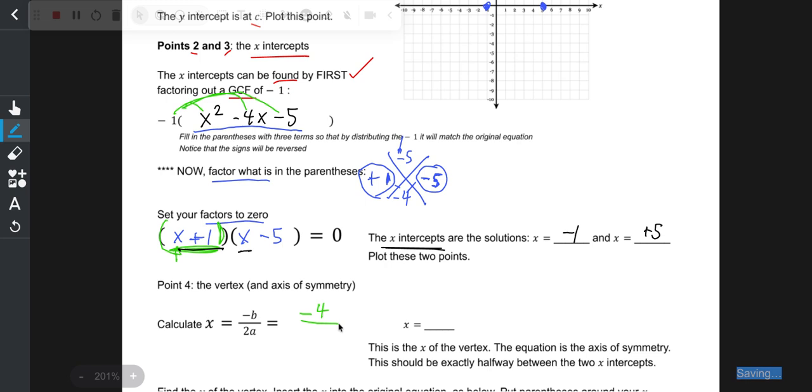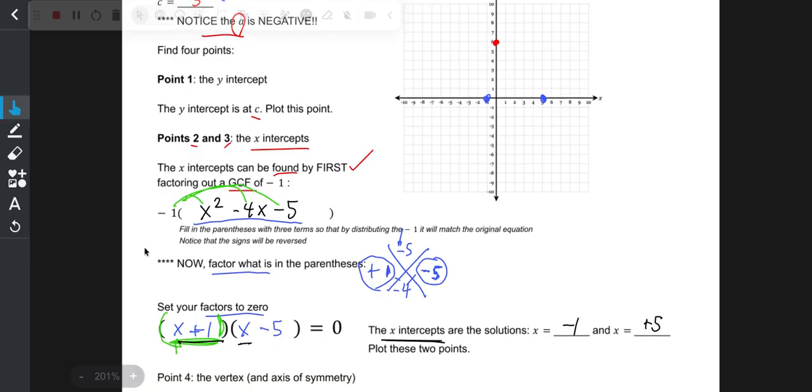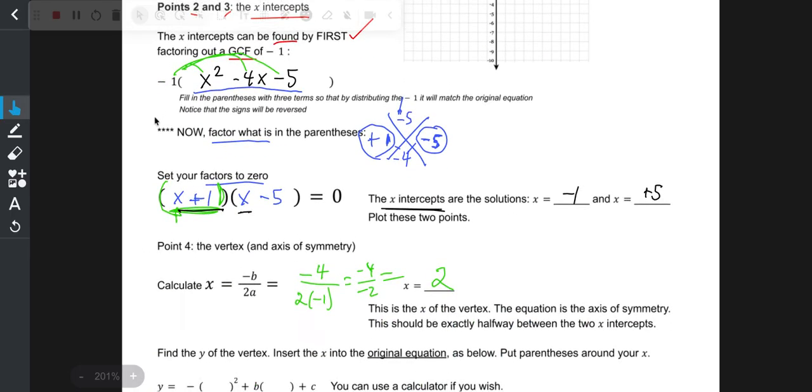And if our a is negative 1, we're saying 2 times negative 1. And that means we have negative 4 over negative 2, which is what? Negative divided by negative is positive, 4 divided by 2. Okay, just making sure I had the A, B, and C right. So our x is going to be 2.